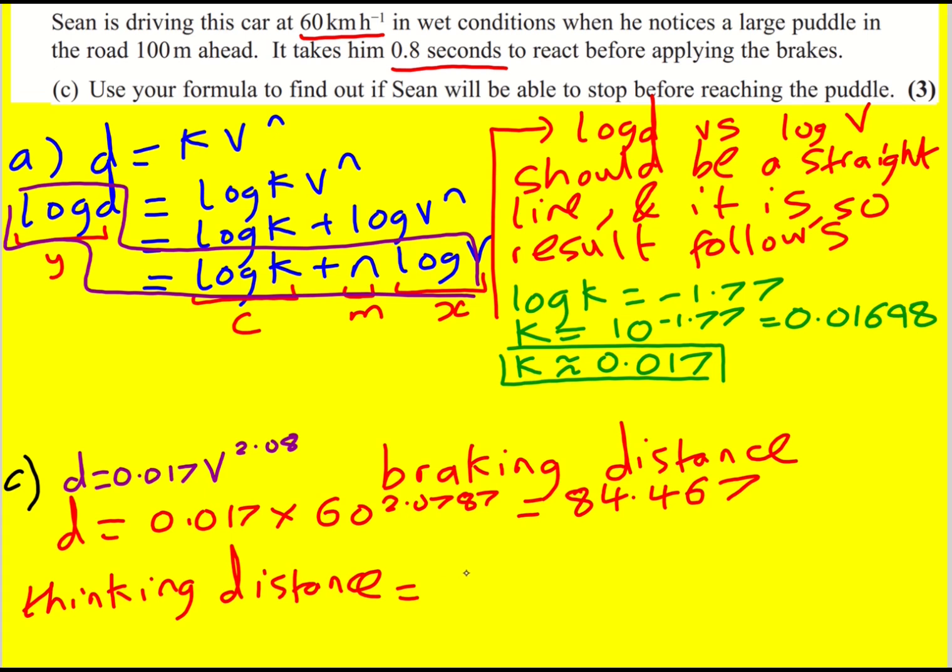So I'm going to change kilometers per hour into meters per second. 60 times 1,000 gets me meters per hour. Then I need to divide by 60 twice to get meters per second. You could alternatively take your 0.8 and divide that by 60 and by 60 again to get it in terms of hours. Then it would be meters per hour times a time in hours. That would also be consistent. Either's fine.